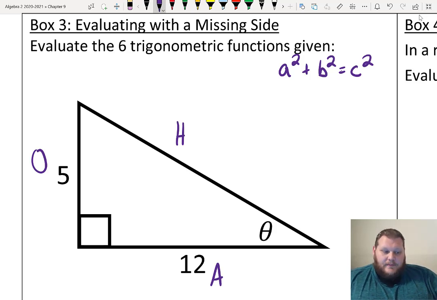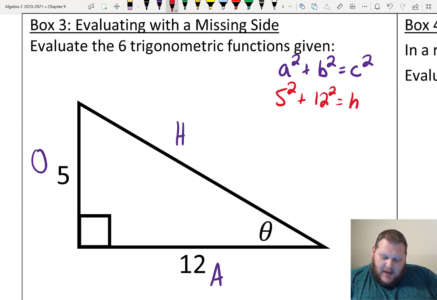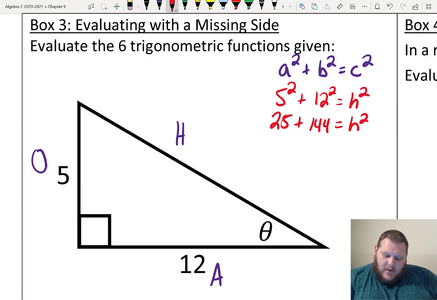So if I plug in what I know, my opposite is 5, so 5 squared plus 12 squared is going to give me h squared. So that's 25 plus 144 equals h squared. 25 plus 144 is 169.